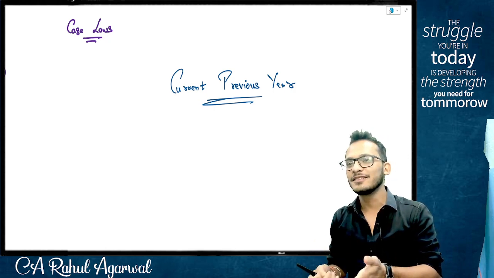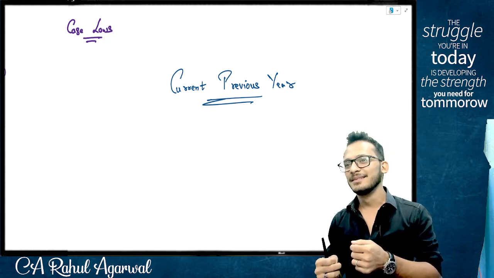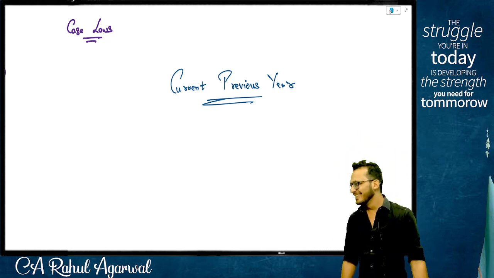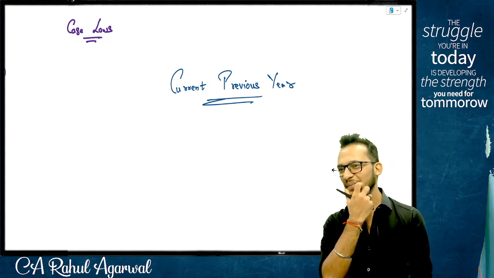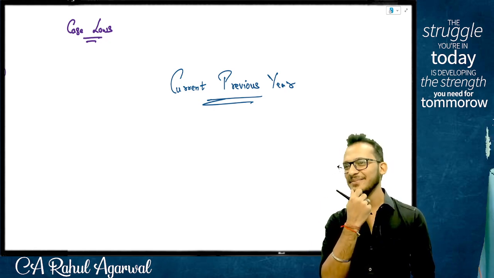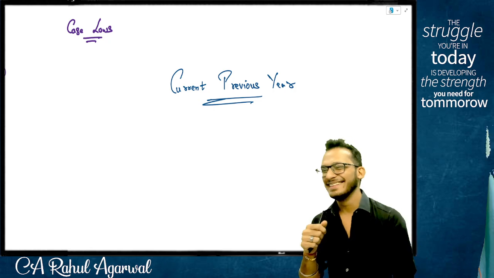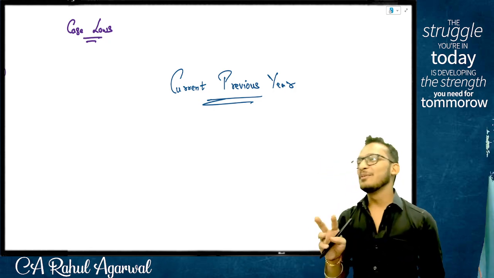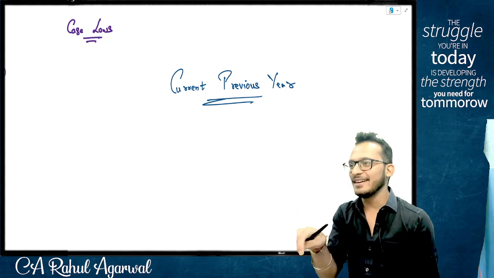People, it looks like an oxymoron. There is a current year also, there is a previous year also. Either it is current year or previous year.